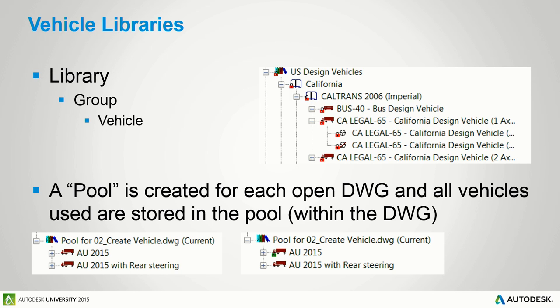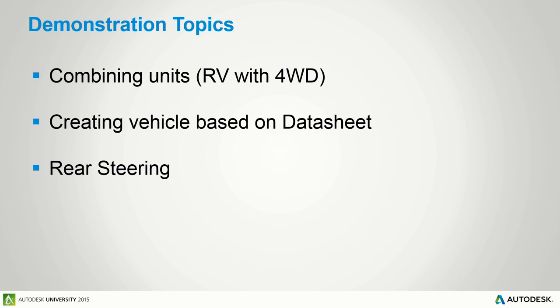The library is divided in a hierarchy: groups, vehicles, and separate units. But again, you will see it during the live presentation. What I prepared for this first part is, first, an easy exercise where we will combine existing units, and I will show you how to work with the vehicle library.